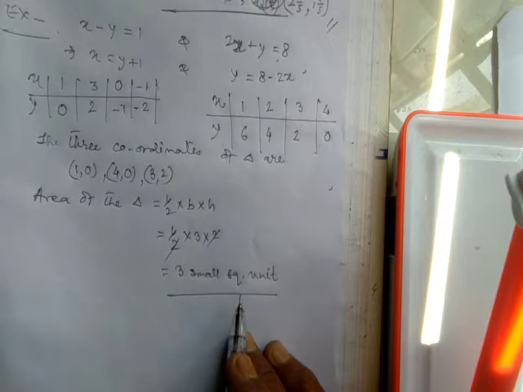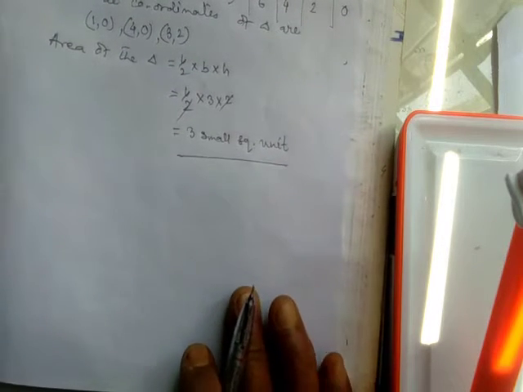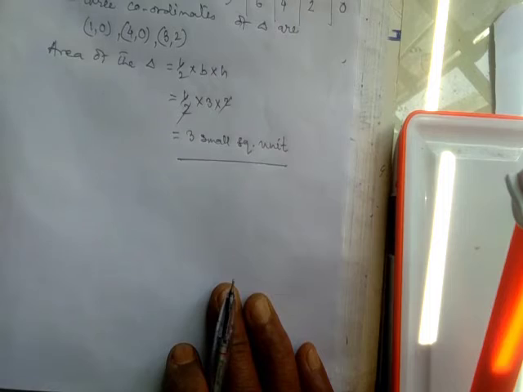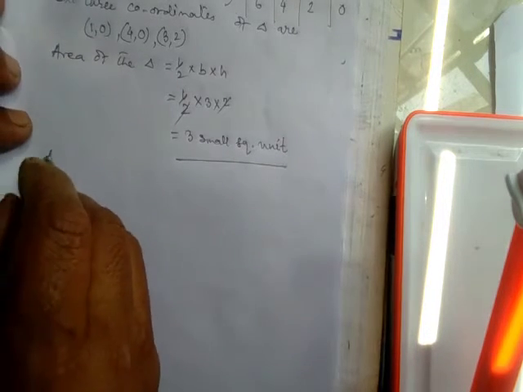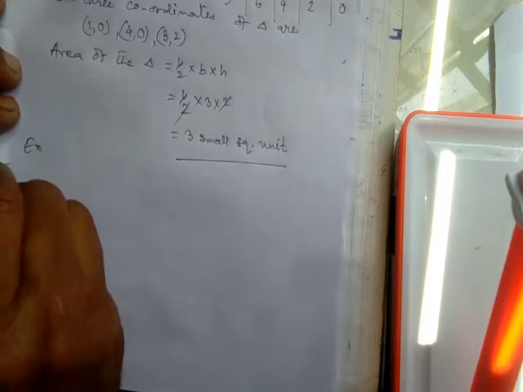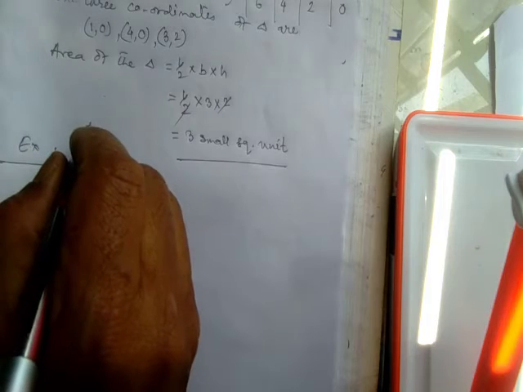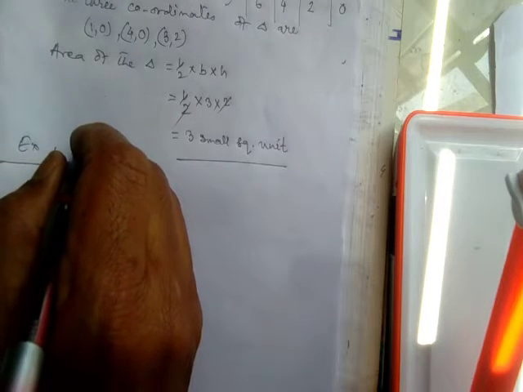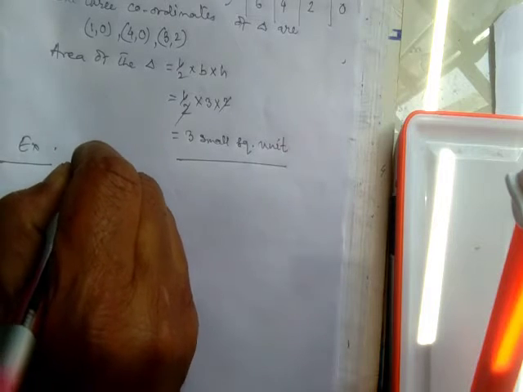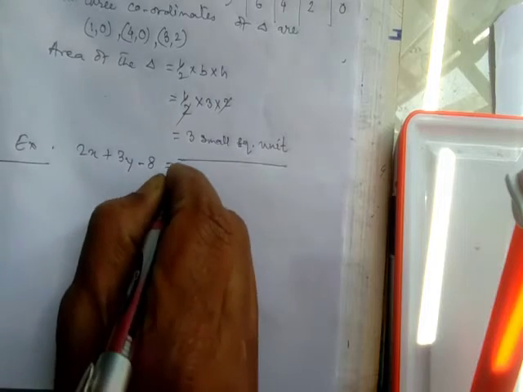Now I'll put one more example. The linear equation they have given is 2x plus 3y minus 8 is equal to 0.